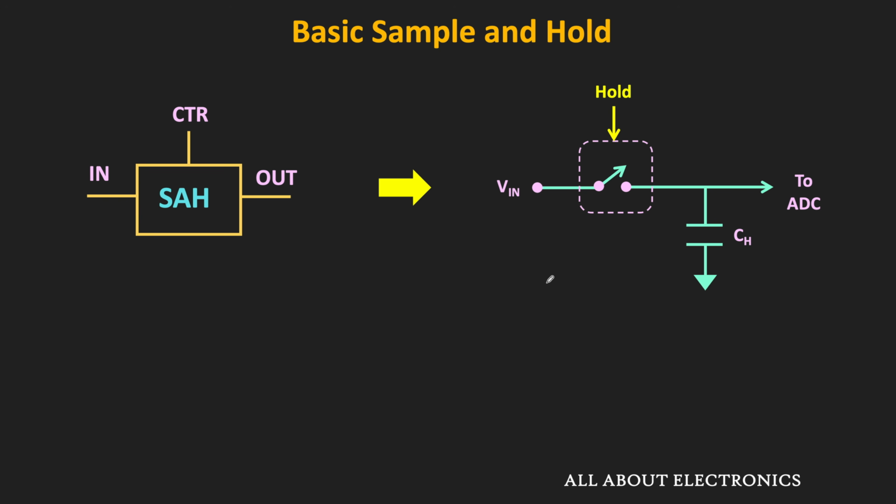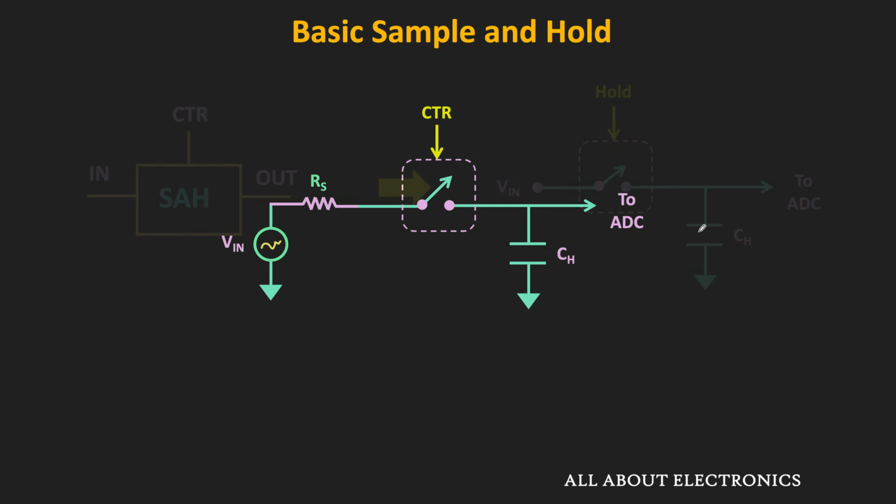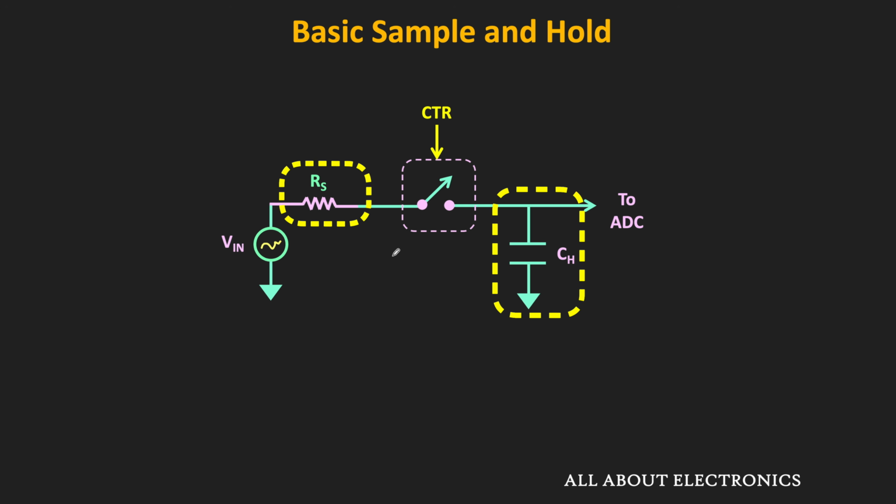Now, if we just use this simple circuit, then we might face issues on both the input as well as the output side. For example, on the input side, how fast this hold capacitor is able to track the input signal depends on the value of the hold capacitor as well as the source impedance of the input signal. Basically, that depends on the RC time constant of the charging circuit.